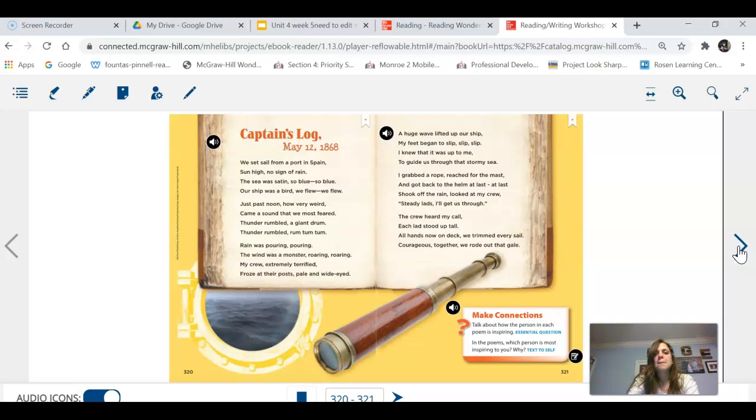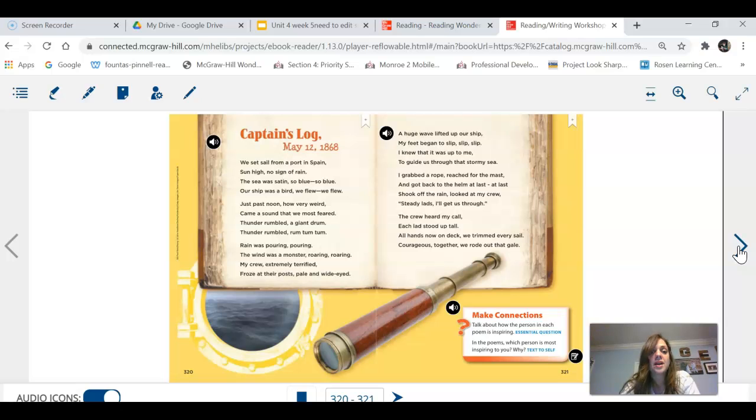Captain's Log, May 12th, 1868. We set sail from a port in Spain. Sun high, no sign of rain. The sea was satin, so blue, so blue. Our ship was a bird, we flew, we flew. Just past noon, how very weird, came a sound that we most feared. Thunder rumbled the giant drum, thunder rumbled rum-tum-tum.